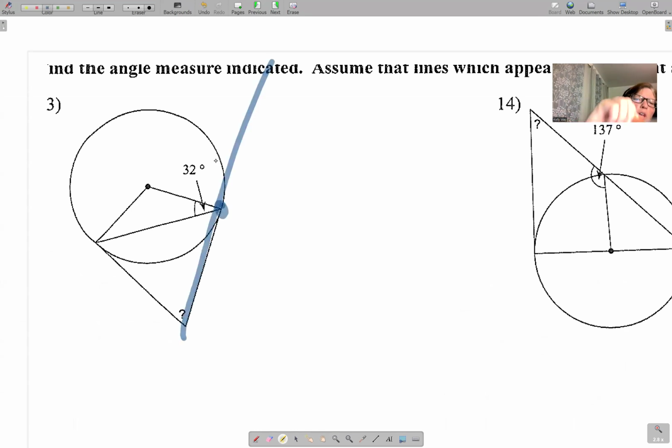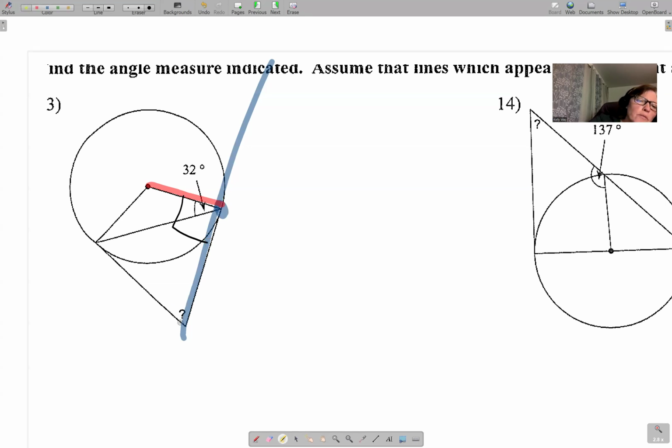Tangent means to touch at one point, a straight line, to a radius. There's going to be a right angle at the edge. If tangent to a radius, right angle at the edge.